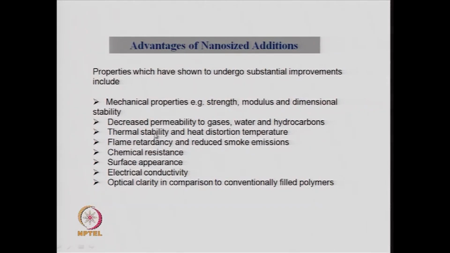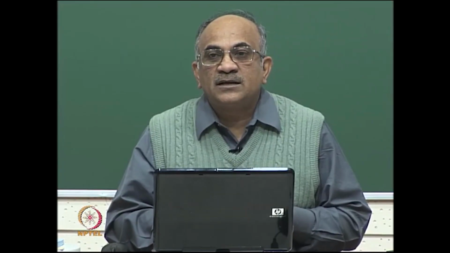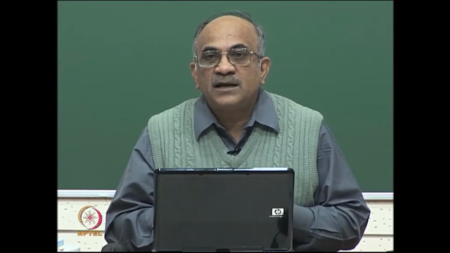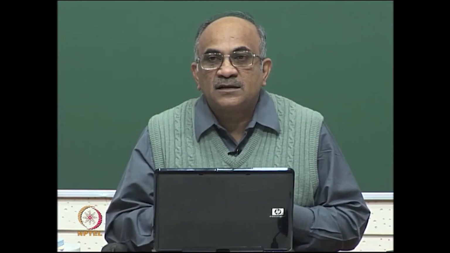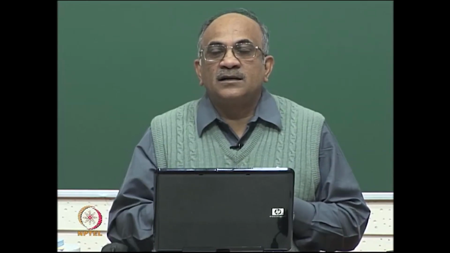Then thermal stability and variation of heat. Again, by choosing the right nanocomposite film, you can maintain a high degree of thermal stability. Then flame retardancy. So, a material which will not catch fire, that kind of nanocomposite film or coating has to be put on surfaces where the environment may reach temperatures above the ignition temperature of the material, and you may have a fire.